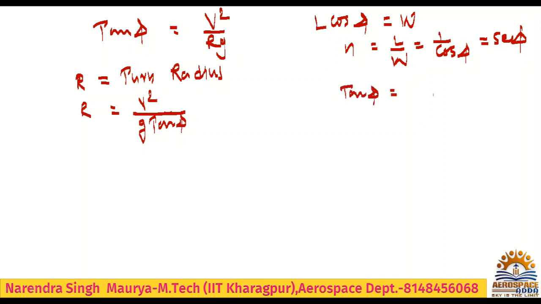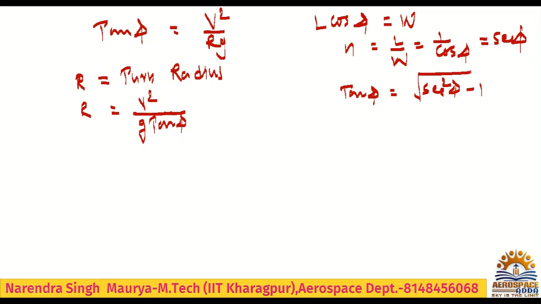What is tan phi? It is nothing but the square root of sec square phi minus 1. This you know, because sec square phi minus tan square phi is equal to 1. So this is the formula of tan phi.